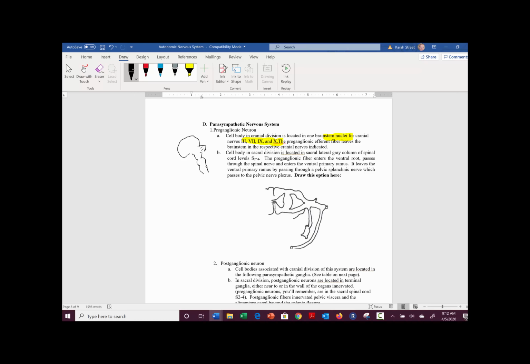It's a poorly drawn brain, but those are where the cell bodies would be for the preganglionic fibers coming off cranial nerves 3, 7, 9, and 10, or the preganglionic cell bodies can be found in the sacral spinal cord at levels S2, S3, S4. So they would be found in a lateral gray horn called the sacral lateral gray column, or SLGC as I like to call it.